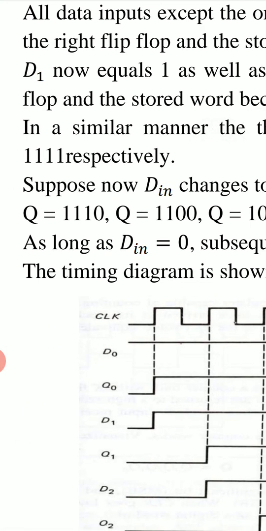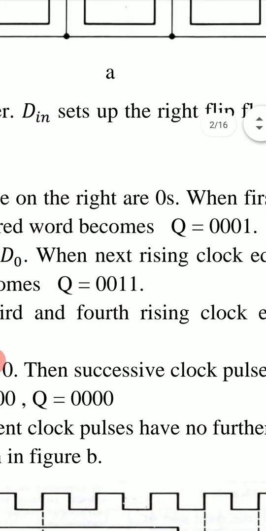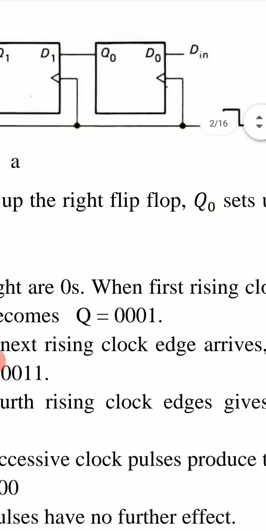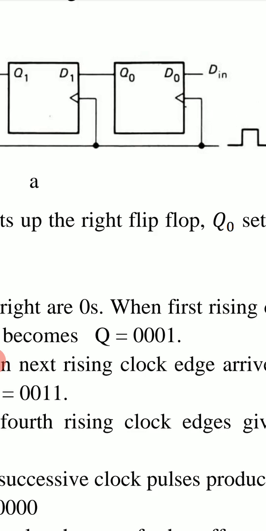In this way, we see that initially if Q3, Q2, Q1, Q0 are all 0, and now if we put D in as 1, then this 1 goes to D0 and the first positive clock edge will produce 0, 0, 0, 1 because Q0 becomes 1.